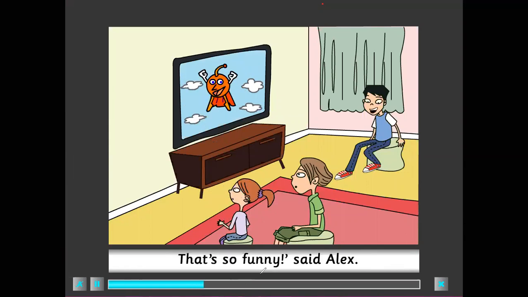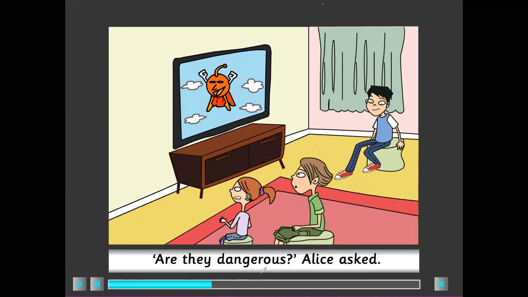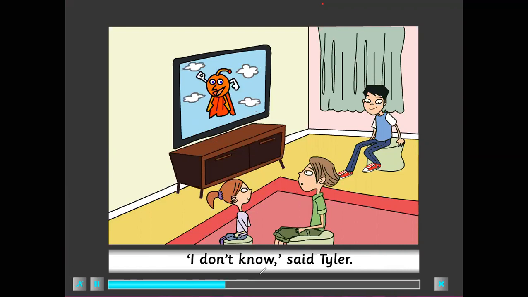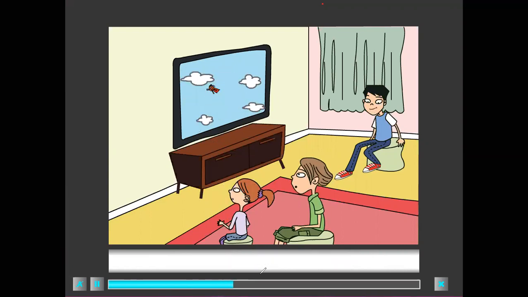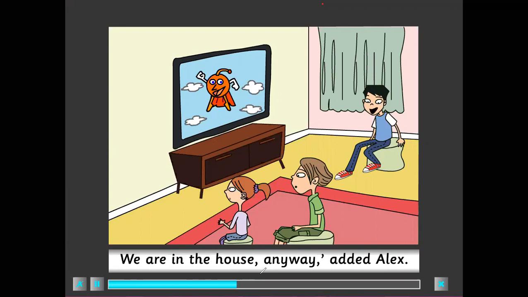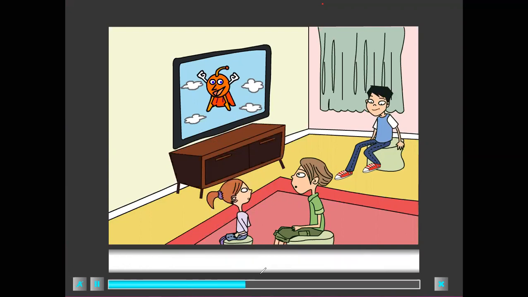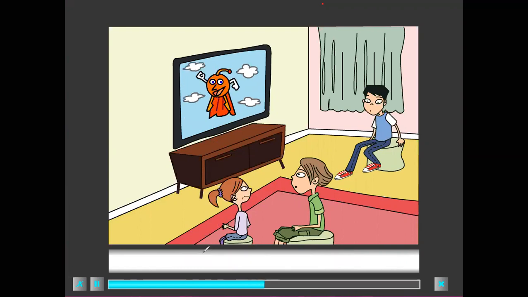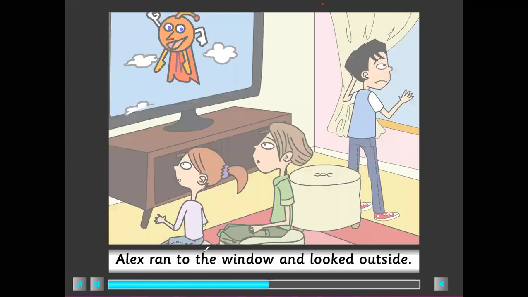That's so funny, said Alex. Are they dangerous? Alice asked. I don't know, said Tyler. Don't worry, Alice. We are in the house anyway, added Alex. Suddenly, they heard a noise from the garden. What was that? asked Alice. Alex ran to the window and looked outside.